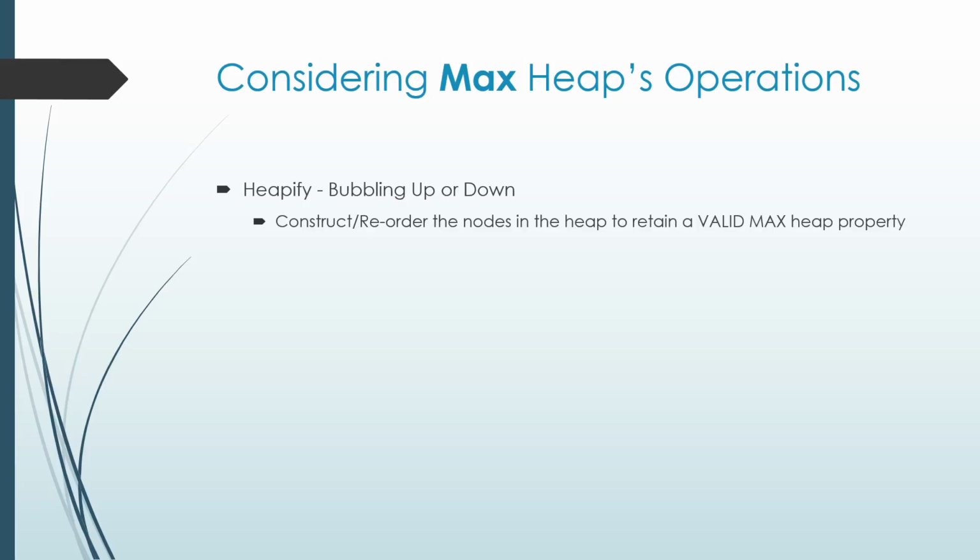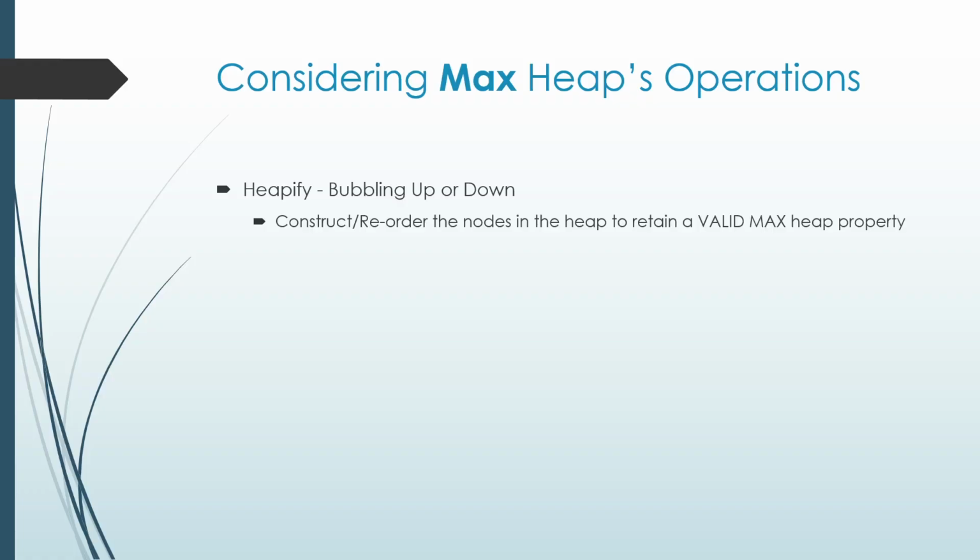First, we need to make sure the heap property is valid. When we say we're heapifying, or bubbling up or down, we mean we're reconstructing or reordering the nodes in the current heap in order to maintain its property. If we're building a max heap, the nodes that currently exist must maintain and retain a valid max heap.